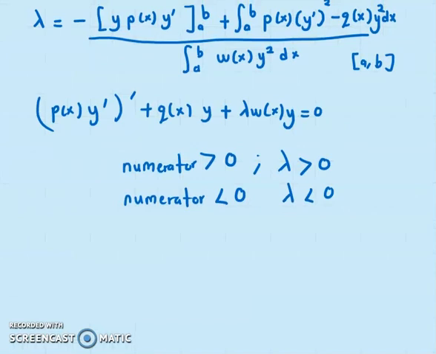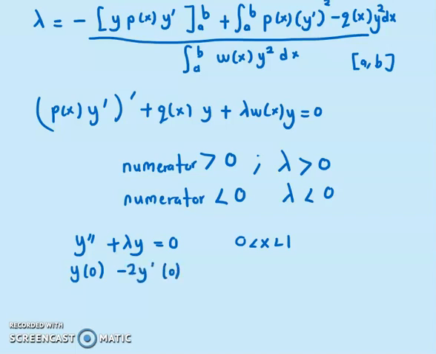Let's consider one example. The same problem that we have: y double prime plus lambda y equals 0, where x is from 0 to 1, with the condition y(0) minus 2y prime(0), and the other boundary condition given here.